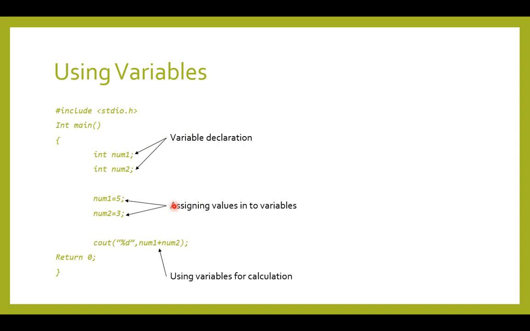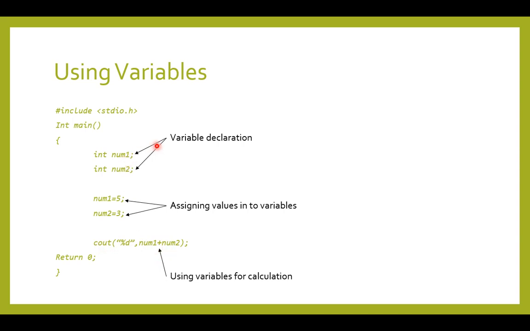Instead we are using two variables, num1 and num2. Inside num1 we have the value 5. Inside num2 we have the value 3. Inside our output, or the cout statement, we are doing the calculation.